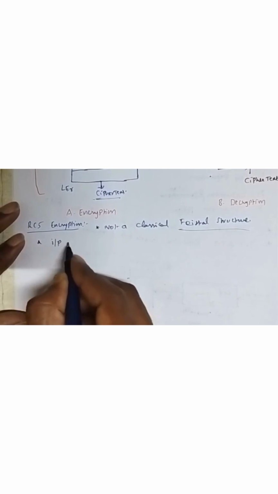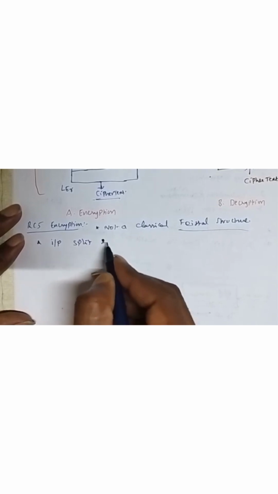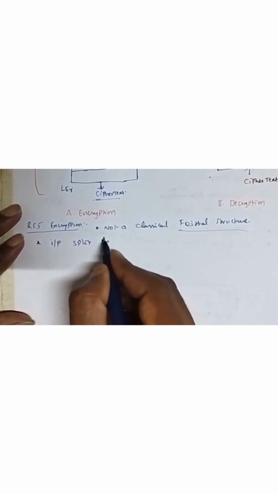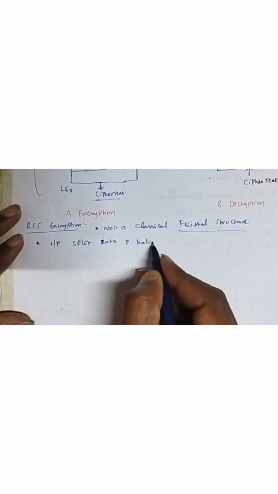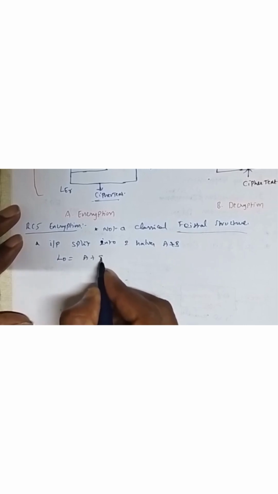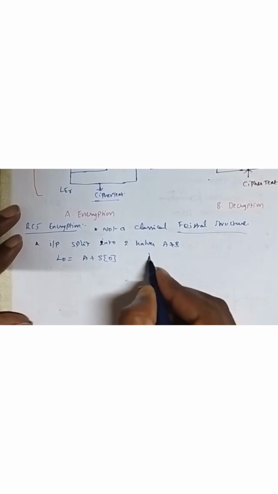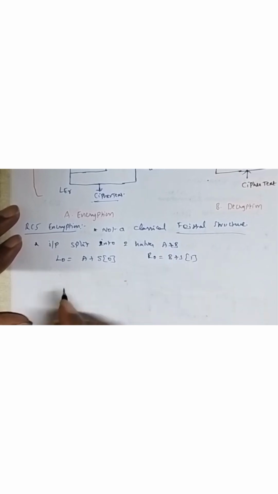The input is split into two parts, A and B. Left side data is L0 = A + S[0], and right side data is R0 = B + S[1].